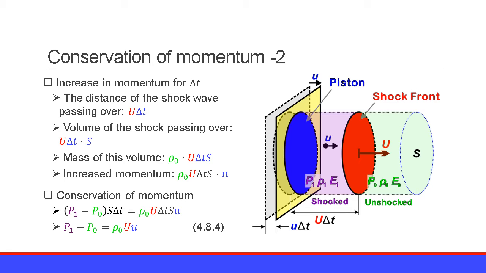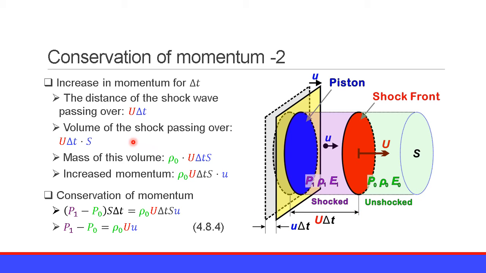Then let us consider the increase in momentum for time duration delta t. The length of a shock wave passing over is U times delta t. U is the shock velocity.